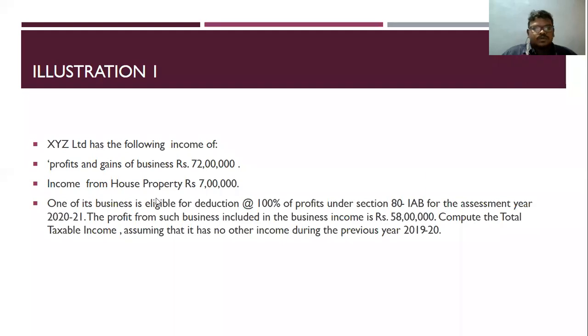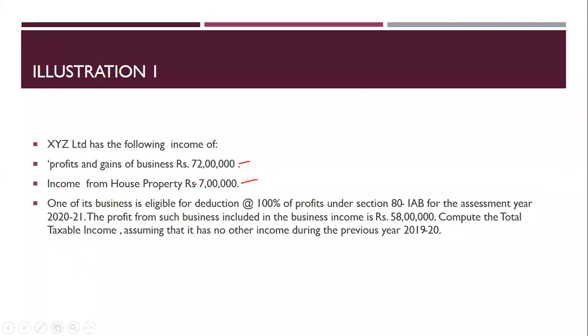Good afternoon, sir. Good afternoon, Arshita. Yeah, proceed now. XYZ Limited has the following income. Profits and gains of business, rupees 72 lakhs. Income from house property, 7 lakhs. One of its businesses is eligible for deduction at 100% of profits under section 80-IAB.